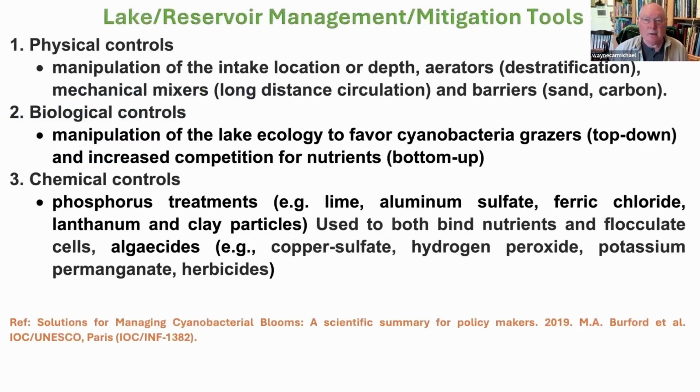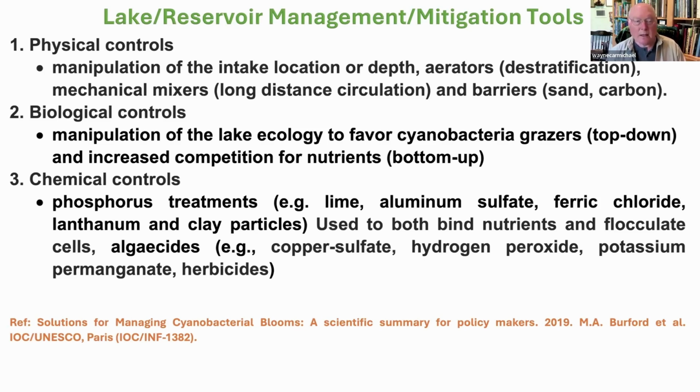Lake and reservoir management and mitigation tools really come down to these three. Physical controls, that's often what's used in water treatment plants for potable water. You manipulate the depth of the intake, you put in aerators for destratification, mechanical mixers to circulate, and even barriers of sand and carbon.